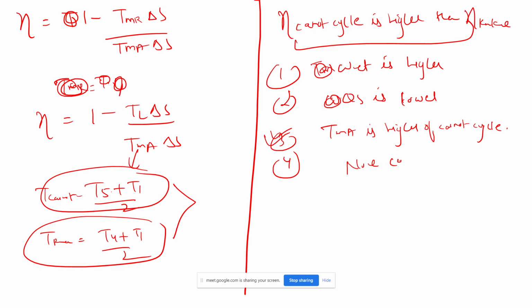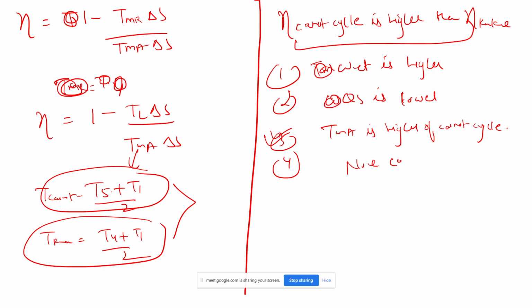Sir, isn't it true that the area enclosed by the Rankine cycle is small? They won't ask this in the GATE exam, they can ask it in engineering services type exams.